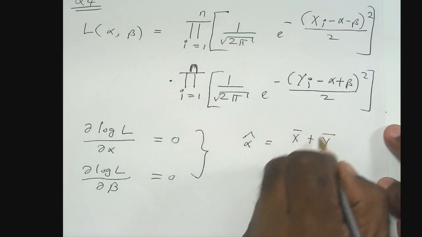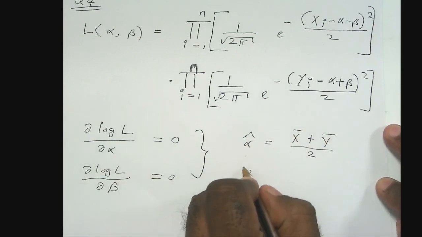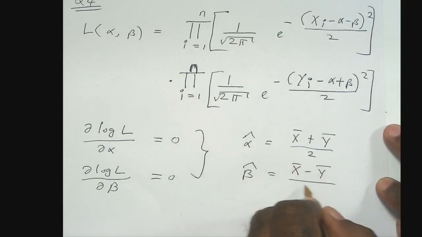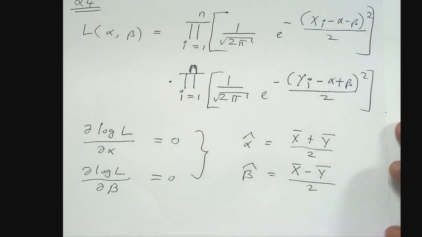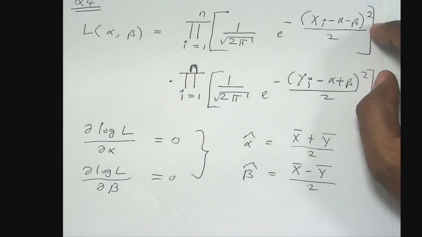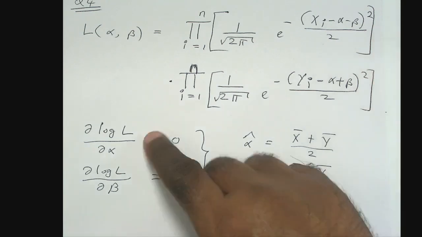That is, the solutions of these two equations will be this and this, right? But obviously this approach is much longer than the first approach, because here you need to write down the joint likelihood function, simplify it, take the log, take the partial derivatives, set them to 0, and then solve the two equations.